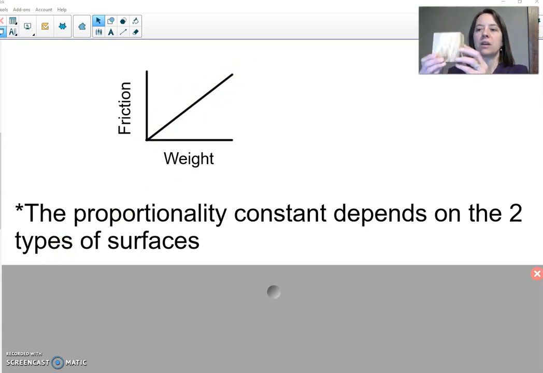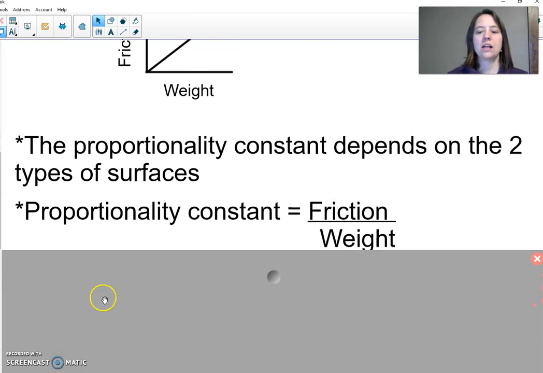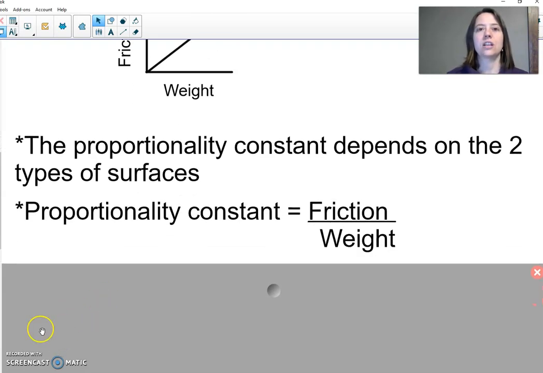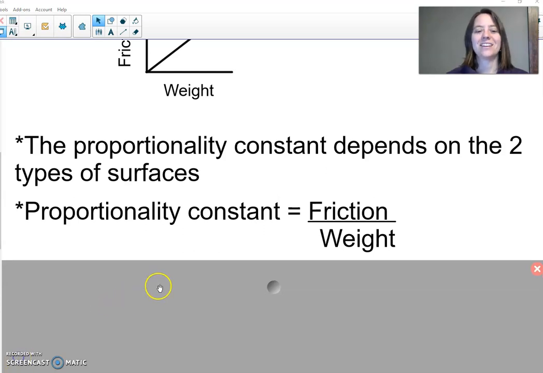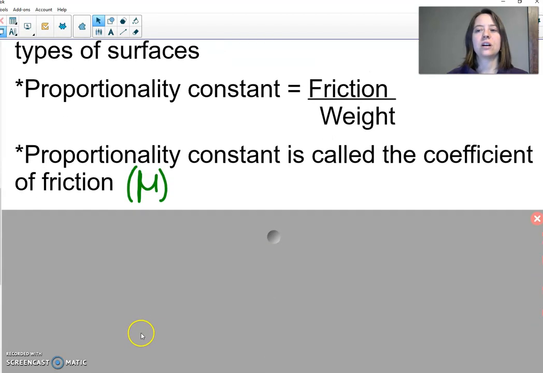For example, the slope of the line of friction versus weight of the plain wood would be different than the slope of the line of friction versus weight of the non-skid surface. And so our proportionality constant equals our friction divided by our weight. Please write that down. Another name for the proportionality constant is the coefficient of friction.